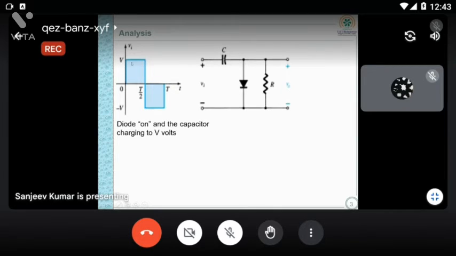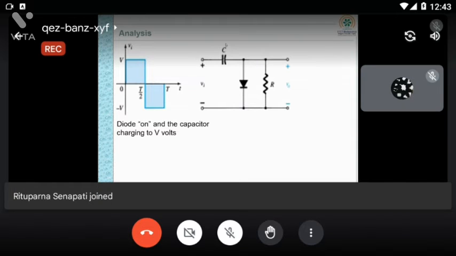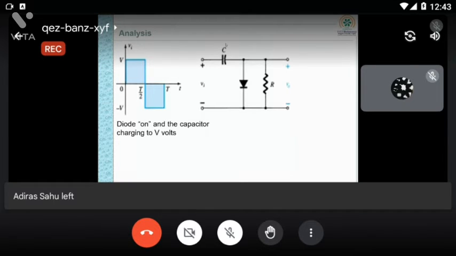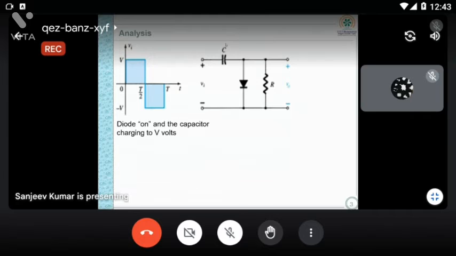Based upon the input supply voltage, the capacitor will charge up to that maximum voltage level. So if I'm giving V, the capacitor will charge up to V volt. And already you know the capacitor discharging time is 5 times higher than the charging time. So during this discharging time also the voltage will remain at the maximum, up to V volt.